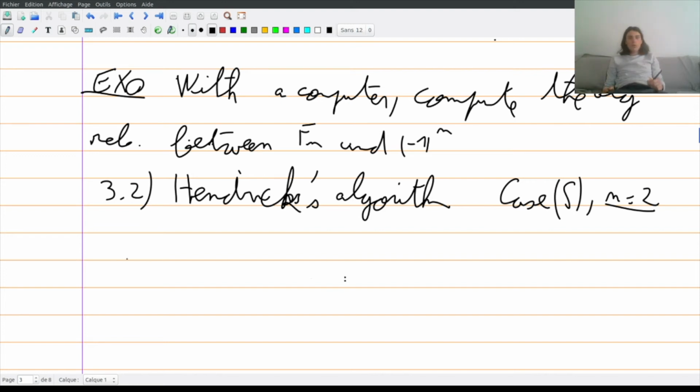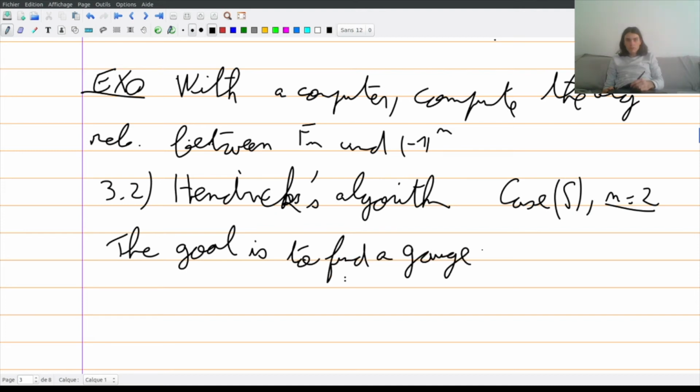Remember that there was a theorem that says that you may transform a system with a gauge transformation into a system inside the Galois group. So the goal is to use this theorem: the goal is to find a gauge transformation to reduce the system.